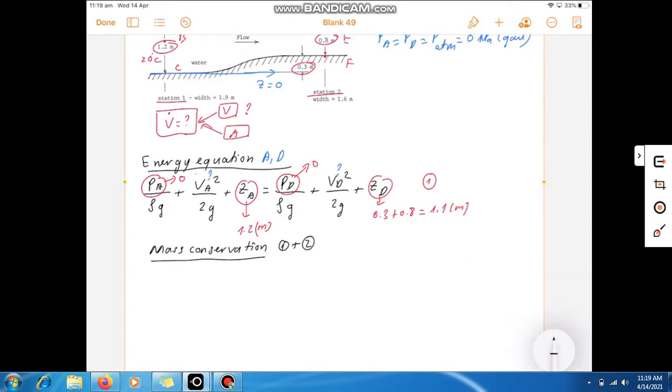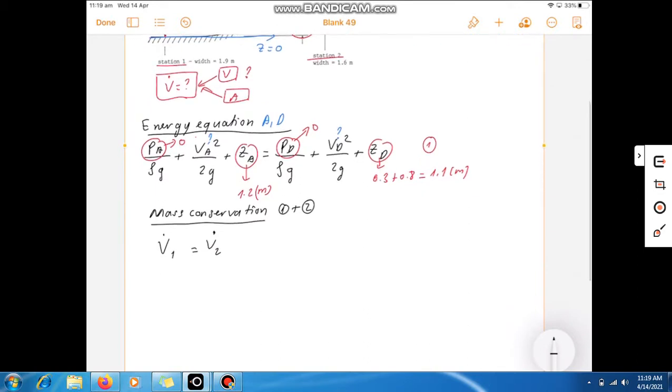So for liquid, we have volume flow rate at 1 equal to volume flow rate at 2, because volume flow rate equals mass flow rate divided by density. Mass flow rate is constant, density is constant, so volume flow rate is constant. Volume flow rate at 1 equals VA times area A, and at 2 equals VD times area D.